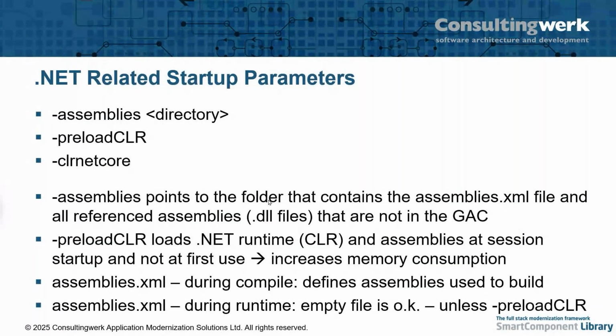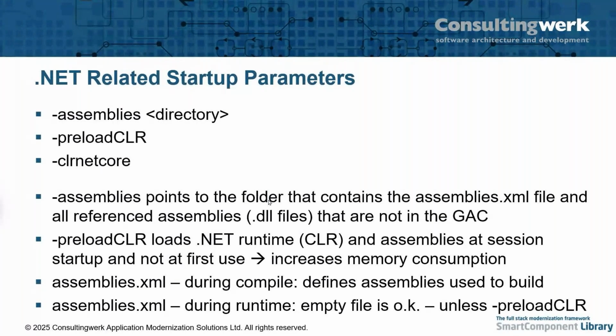Other parameters which are also pointing to stuff that the progress client can execute are the .NET related startup parameters: -assemblies, -preloadCLR, and -clrnetcore. The -assemblies parameter points to the folder that contains the assemblies XML file and all reference assemblies which are not in the GAC.